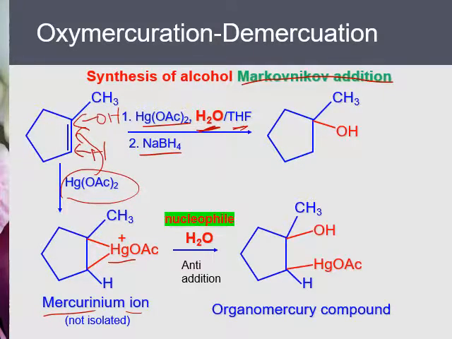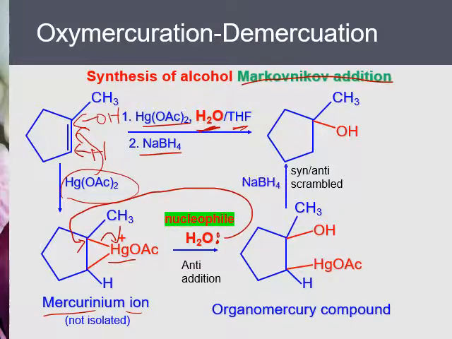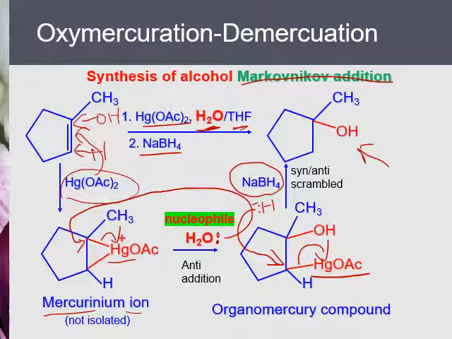In the second step, water serves as a nucleophile, which attacks one of these carbons, the carbon-mercury bond breaks, and forms an organomercurial compound. Then the next step is a hydride from sodium borohydride attacking, and the carbon-mercury bond breaks, so the mercury is replaced by hydrogen and an alcohol is produced.